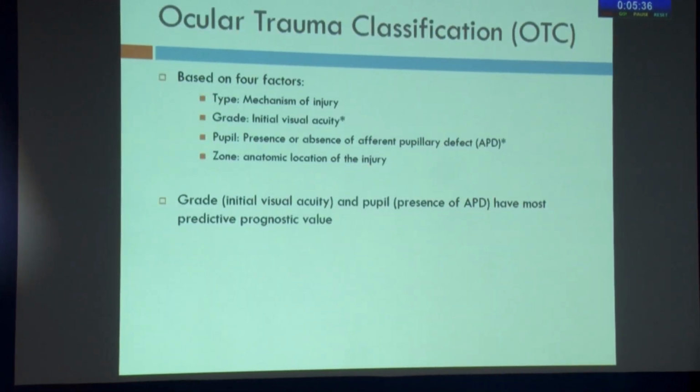So now, once we have learned about the terminology or the basic nomenclature, now it is important to classify ocular trauma. It is done on the basis of the type of injury, the grade of visual acuity, the pupillary status, whether RAPD is present or absent, and the zone of injury. Amongst these, grade and pupillary reactions are the most important prognostic factors.